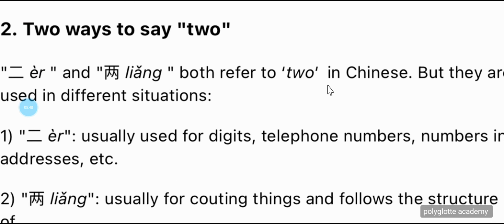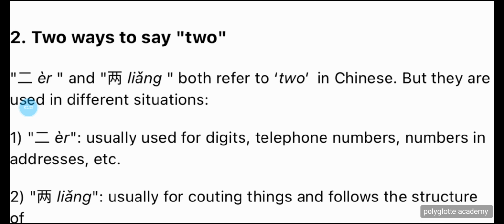好，继续。Now the second point is two ways to say two. 二 and 两 both refer to two in Chinese, but they are used in different situations.